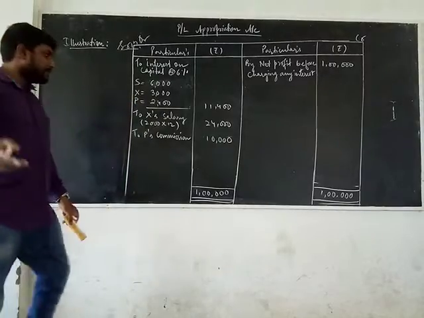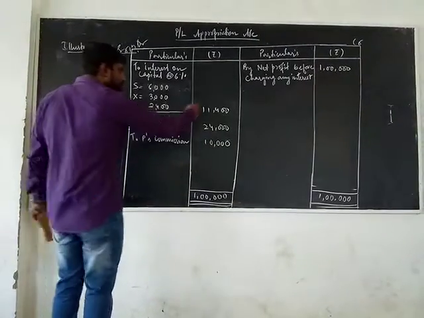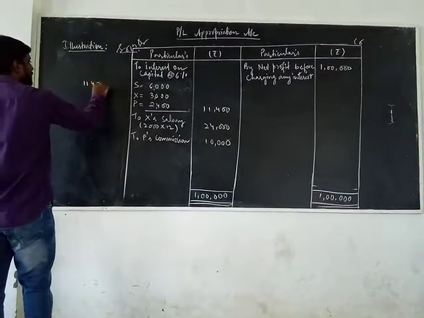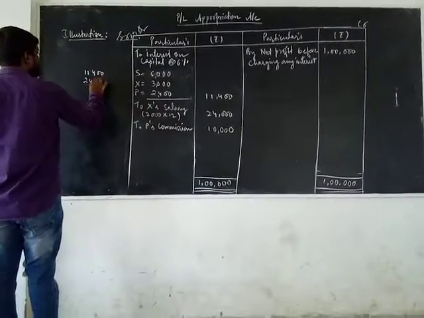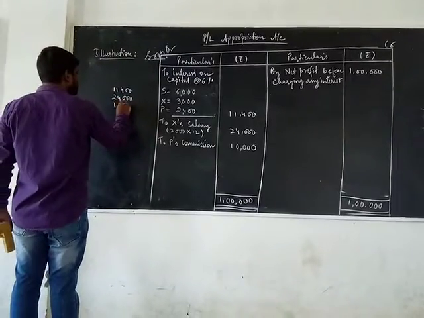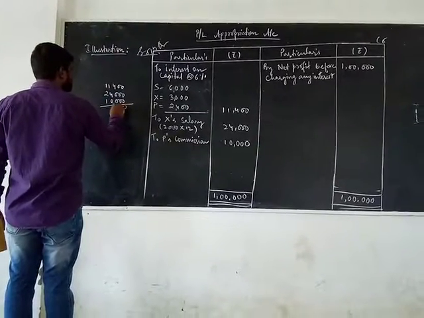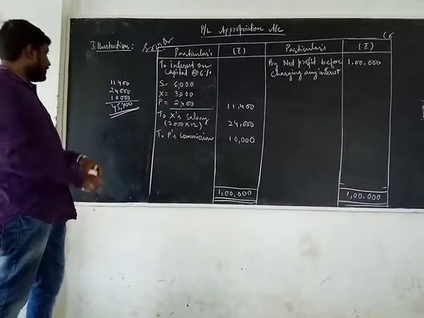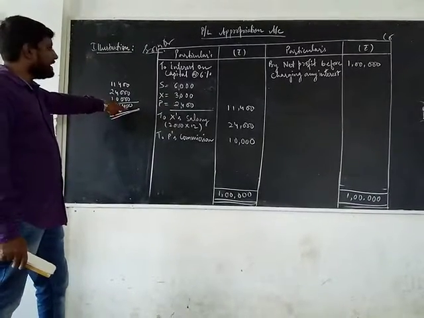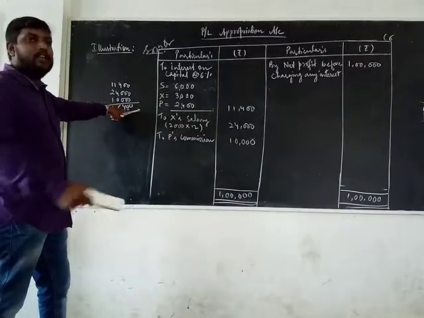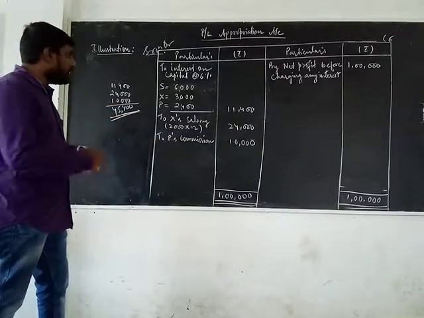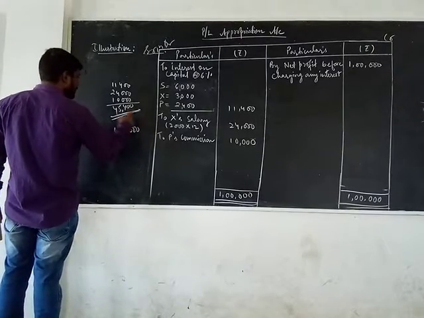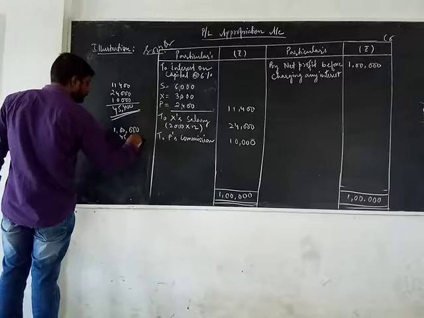I have given you the format. Now add all these three: 11,400, then 24,000, then 10,000. The total is 45,400. This is the expense made by the firm to the concerned partners, and for the remaining balance you deduct this 45,400 from 1 lakh.